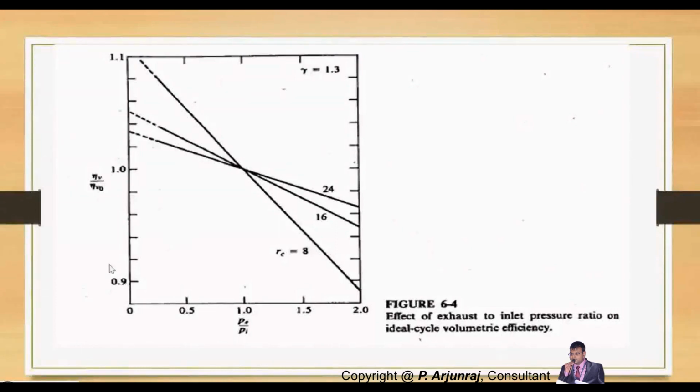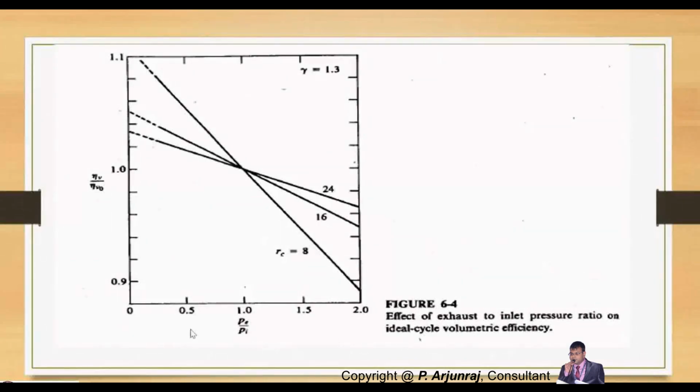See, now there is a graph which has the pressure ratio on the x-axis. Here the pressure ratio is based on the exhaust pressure to the inlet pressure. P stands for exhaust pressure and PA stands for inlet pressure, which gives the pressure ratio, and this axis is the volumetric efficiency of the engine.